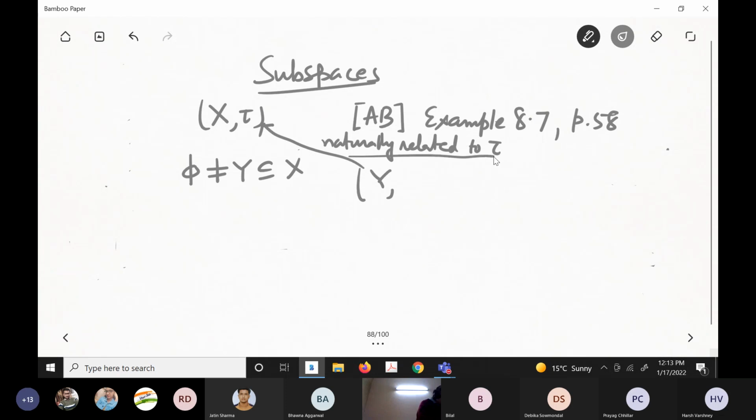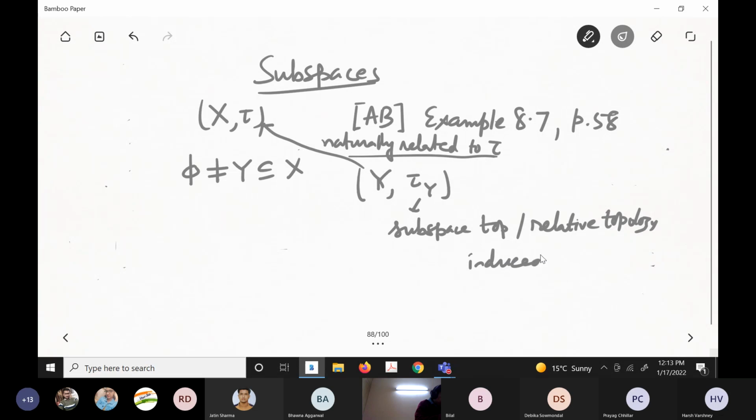If I can find such a topology, I will use the notation tau_Y, and we call it the subspace topology, or some people call it the relative topology, the subspace topology induced by tau. In that case, Y is called a subspace of X.